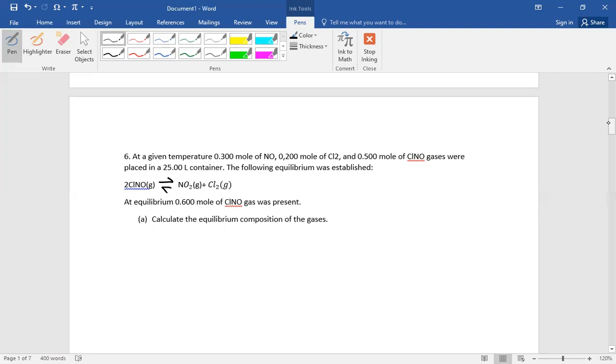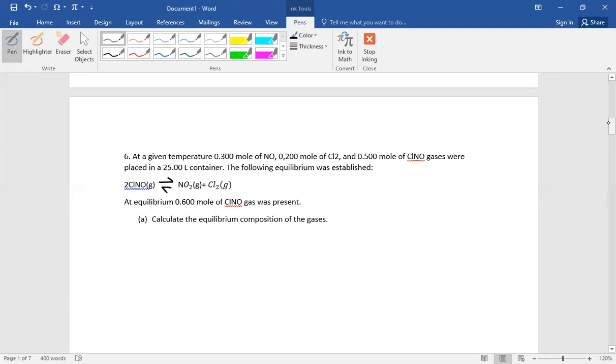All right, thank you. Let's do now question 6. It says, at a given temperature, 0.0300 mole of nitrogen dioxide and all those others were pressed in a 25.00 liter container.